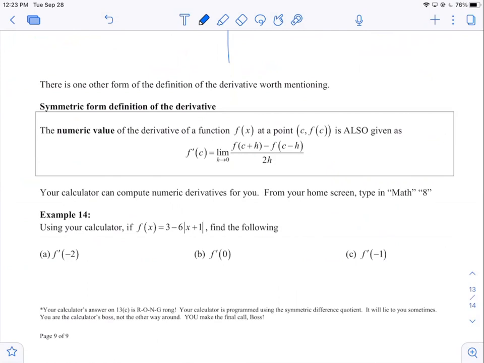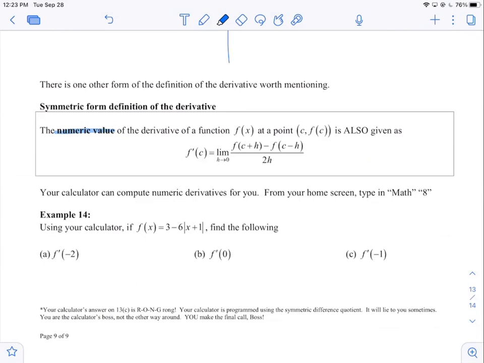But I'm not going to test you over it, nor over the AP exam. It's called the symmetric form. Much like the modified form and the alternate form, it's the disposable version. It gives you a numeric value. There's only one that gives you the variable function that you can then use repeatedly on the back end, and that's the formal limit definition.